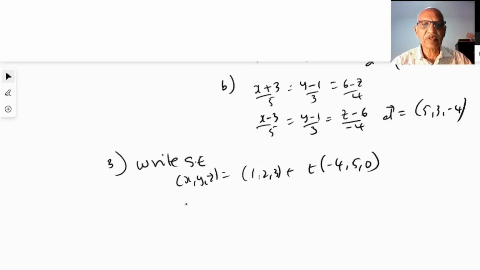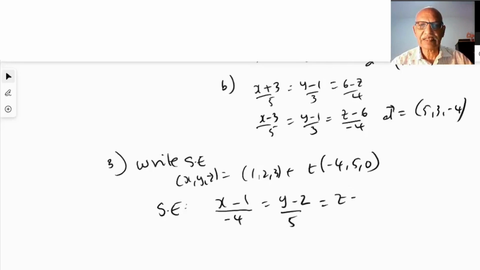The symmetric equation will be (x minus 1), the point, over the direction vector component, negative 4, equal to (y minus 2) over 5, (z minus 3) over 0. I cannot have over 0.